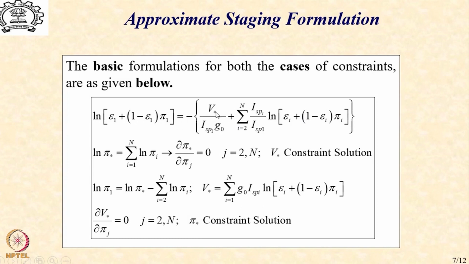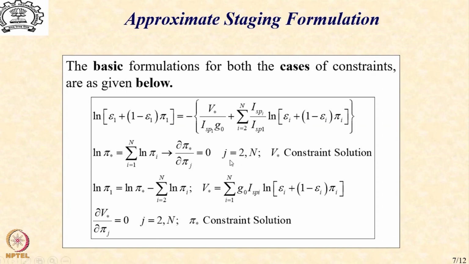Here of course I have used the velocity constraint, so v star is coming here, and then I write my pi star, which is product of all the pi i's, but because I have removed pi1, it will be a function of only pi2 to pi n.